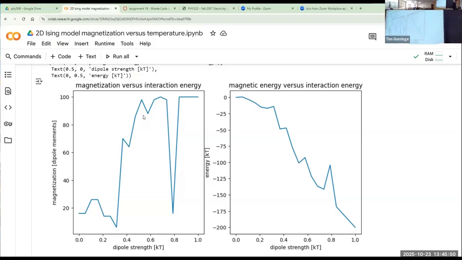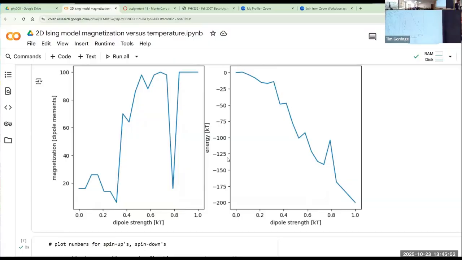And so with this model, you can explore the Curie temperature, this critical temperature where the onset of magnetization occurs. You can explore the development of domains. We saw one case where we saw different domains.